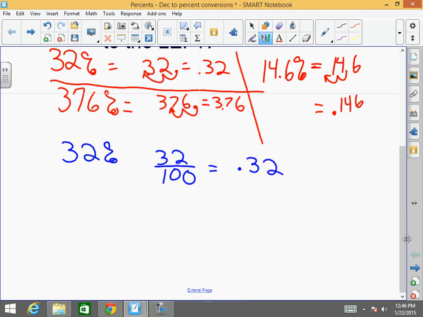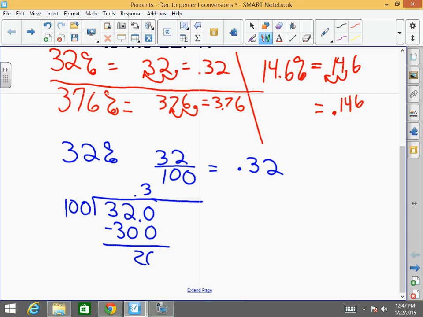Some teachers actually teach it by dividing. So 100 would go on the outside. 32 here. Decimal comes up here. 100 goes into 32 0 times. Drop down to 0. 100 goes into 320 times, so 0.32. So there's a myriad of ways of doing it, okay?